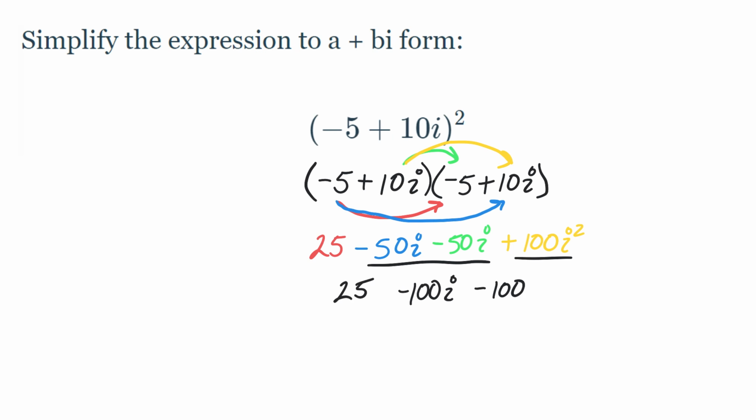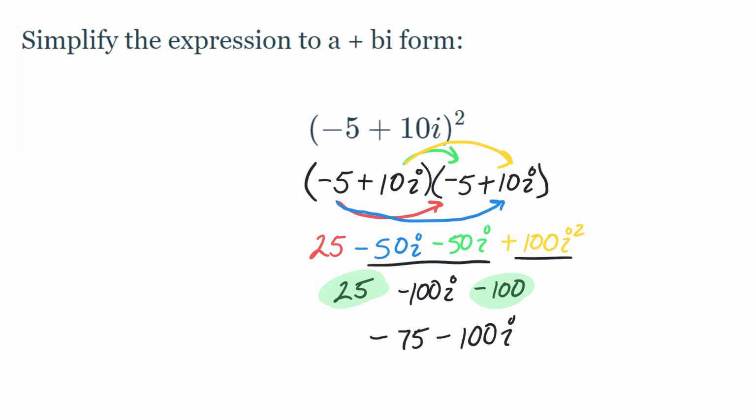And by doing that, we've created a second set of like terms. So this would be 25 minus 100, which is negative 75. And then the 100i is there by itself.